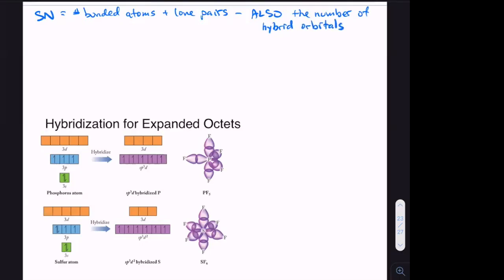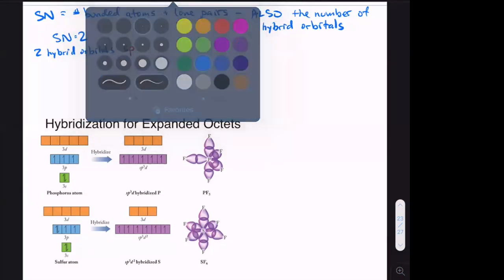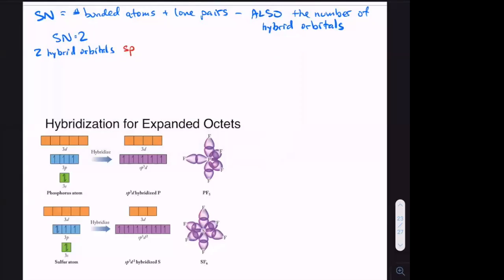As we've been describing. So just to summarize, when you have an SN of 2, that means we're going to have 2 hybrid orbitals. And we know what those are called. Those are the sp hybrid orbitals. And that means we've got 2 unhybridized p orbitals left over.